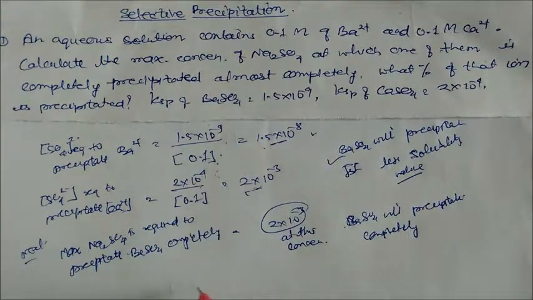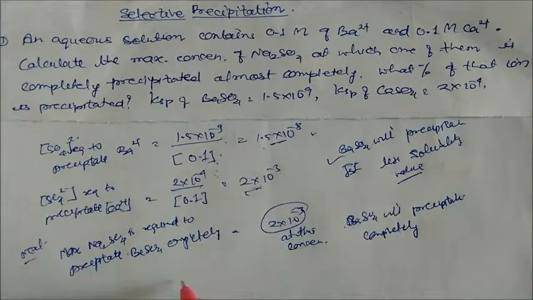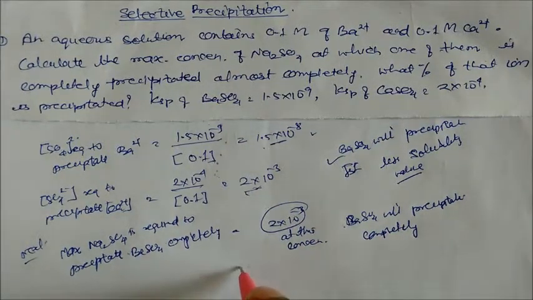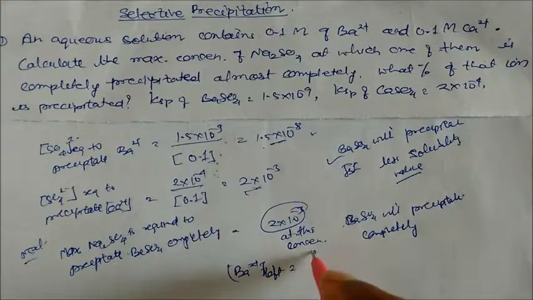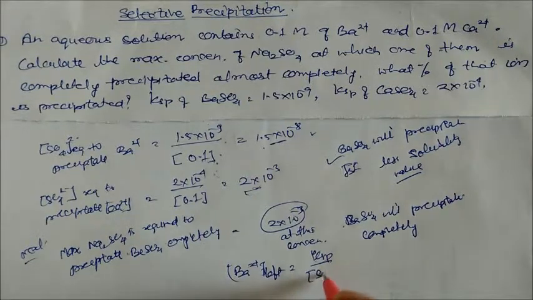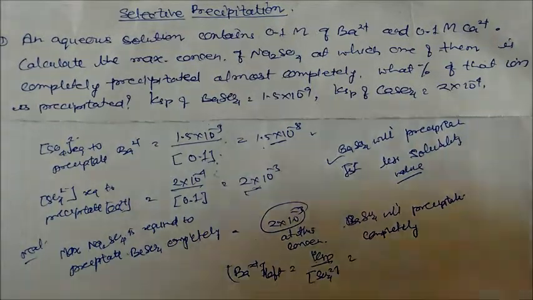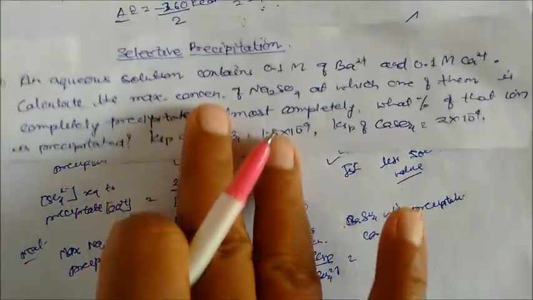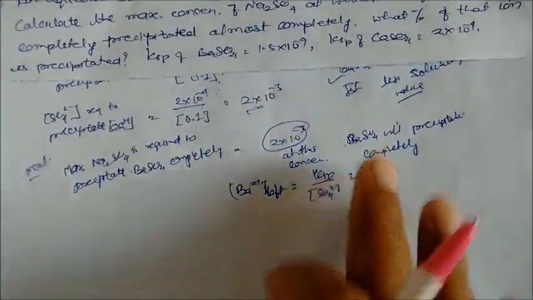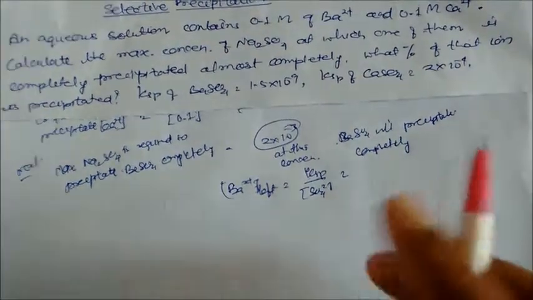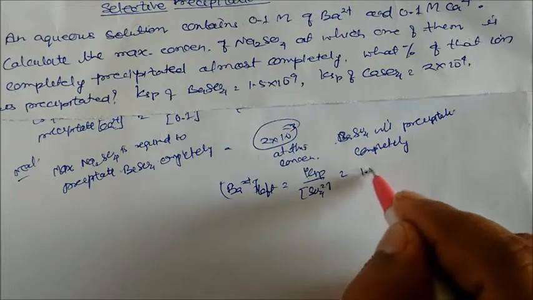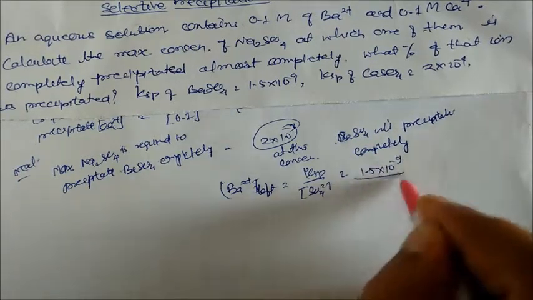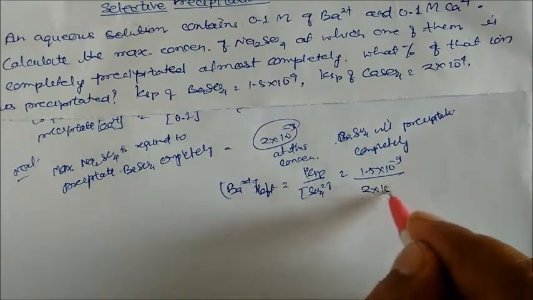So how much barium is left? This is the maximum precipitation. The barium 2+ left in the solution is the Ksp divided by the sulfate ion concentration. The Ksp of barium sulfate is 1.5 × 10^-9, divided by 2 × 10^-3, which we have taken.